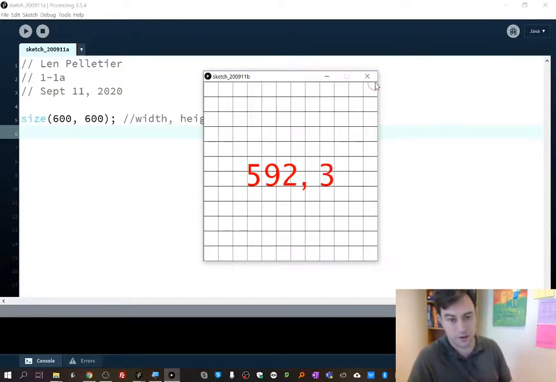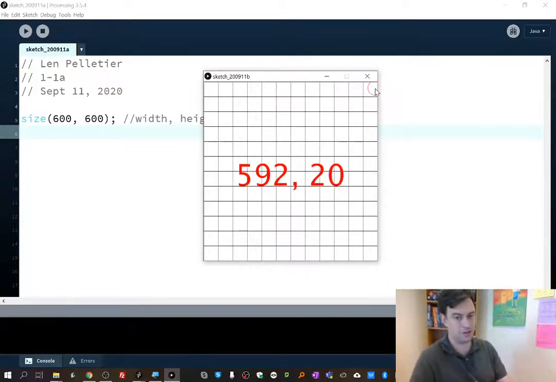Let's think now. If we now understand where we are in the top right-hand corner, what about the bottom right corner? What are the coordinates of the bottom right corner? So I just have to go straight down. If you said 600, 600, you are on it. That's right. I go all the way down. You see I'm on this side. X isn't really changing, right? But Y sure is, and it's increasing as I go down.